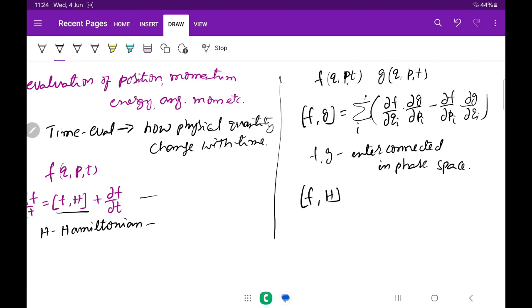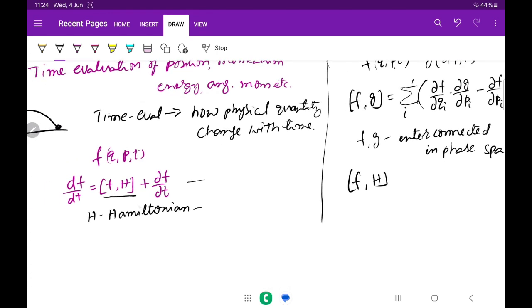Note that if in this equation the Poisson bracket of f and H yields 0, then we can say that f is a conserved quantity, a constant of motion. That means it doesn't change with respect to time. This concept gives us a beautiful identification of conserved quantities and connects them with symmetries in the system.